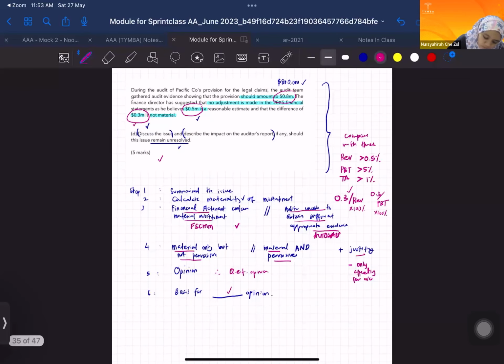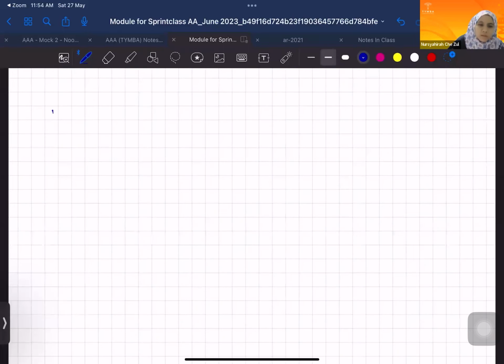So something like legal claim. Summarizing we already learned in secondary school. So make use of that knowledge. I still remember in Malay language class, we had to summarize, ringkasan. So legal claim, basically we are just going to repeat back whatever is in the scenario.